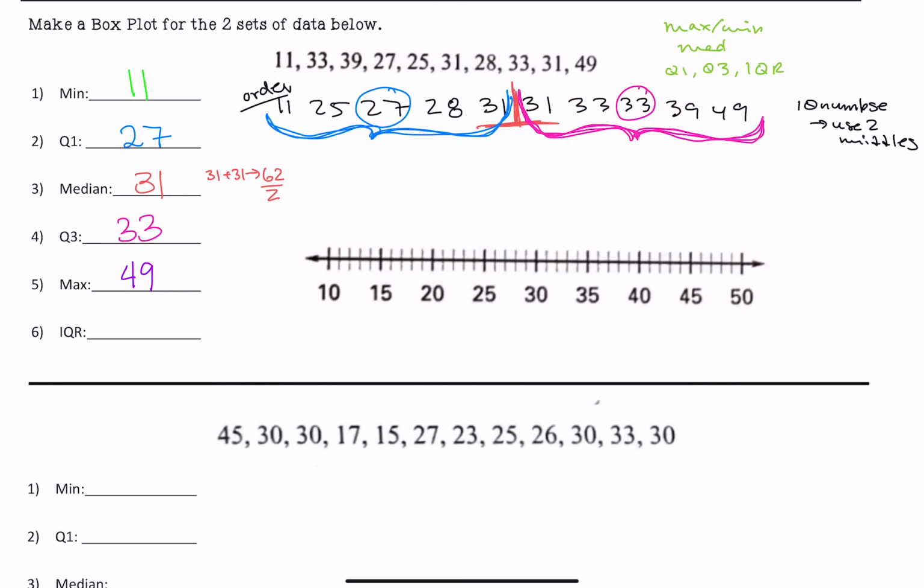So Q3 is 33. IQR is going to be our Q3 minus our Q1. So it's 33 minus 27, which gives us a big old 6. Now I'm going to draw out my data, and I'll try to keep it with the same colors. So my minimum was an 11.